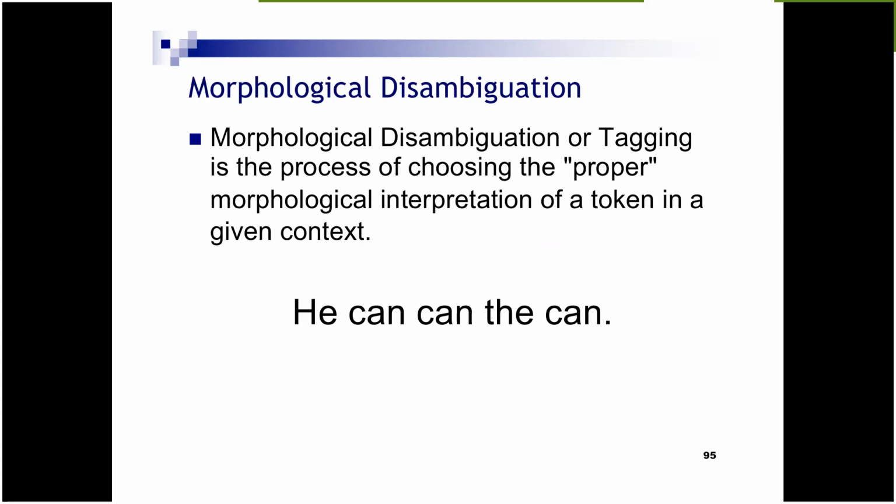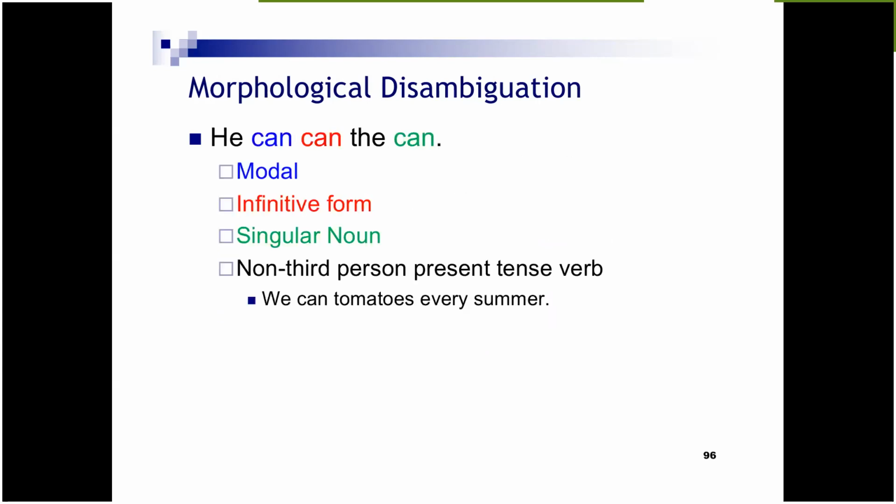Morphological disambiguation is the process of choosing the proper morphological interpretation of a token in a given context. Here you have an example: he can, they can. You have this can, which is a modal. It's a linguistic category.